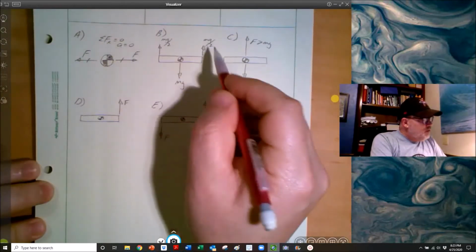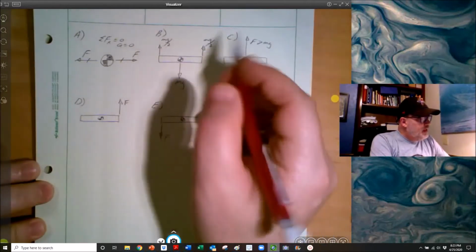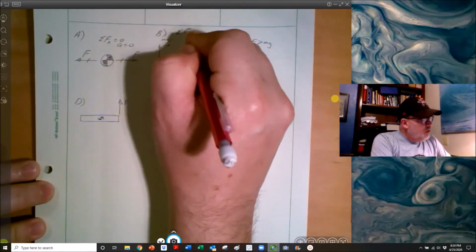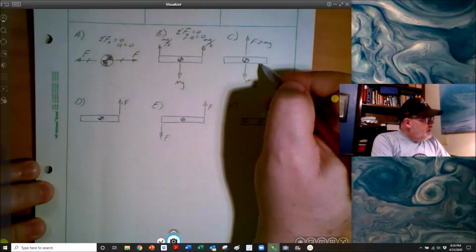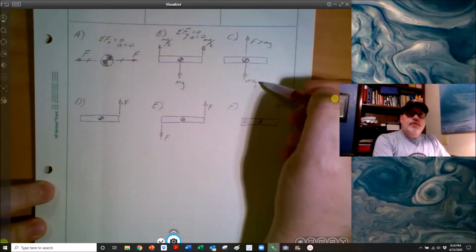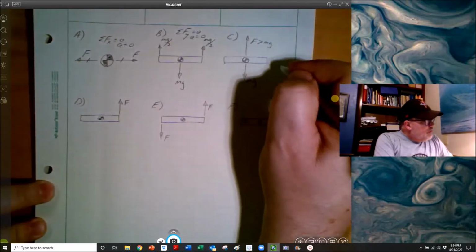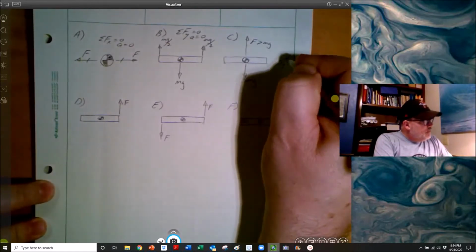In B, we have mg down and we have a half mg up on both sides, so the forces all add up to 0 in the y direction, so it's in equilibrium. In C, we have a force up and down, but the force up is greater than the gravity force down, so it's not in equilibrium. This one will accelerate in the y direction upward.